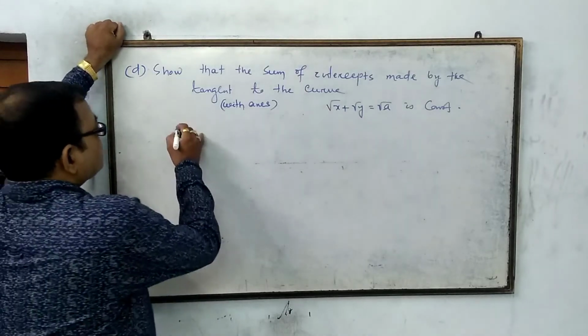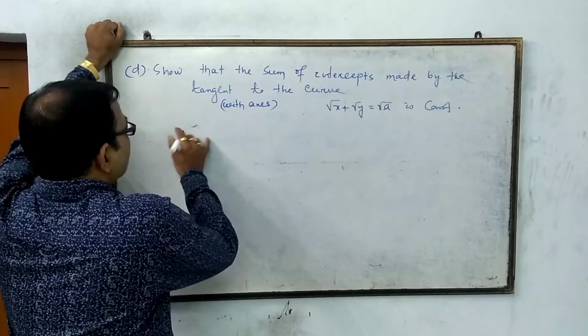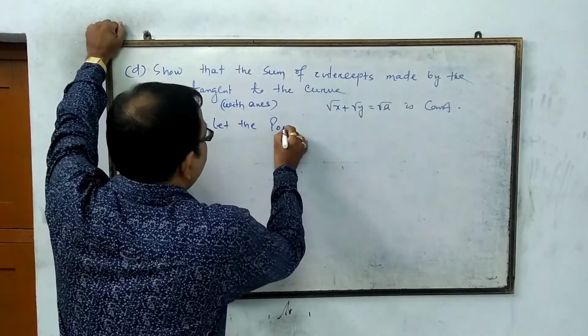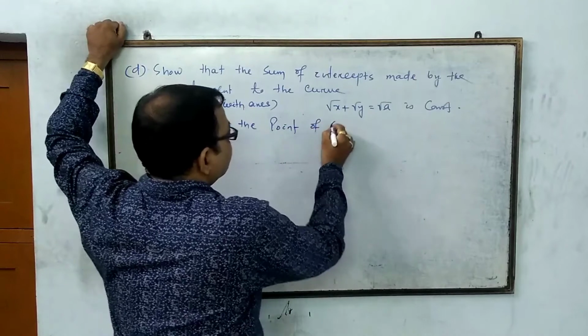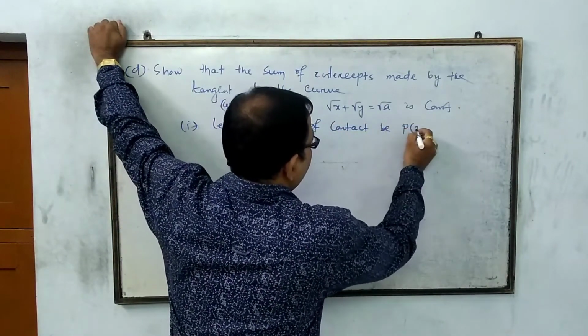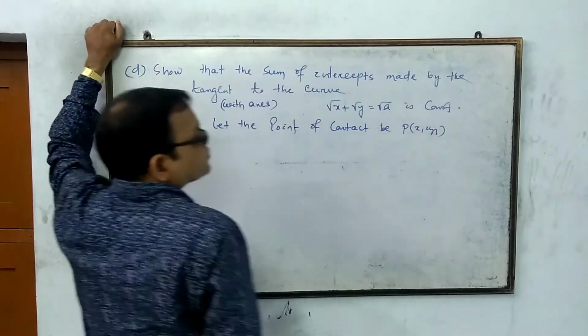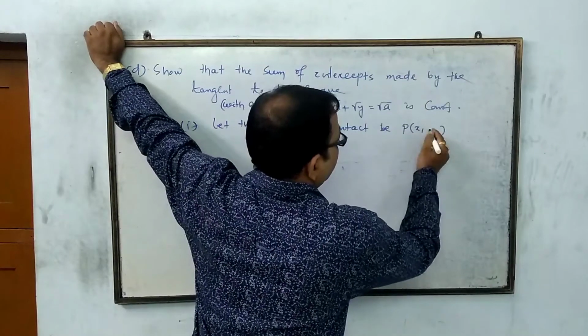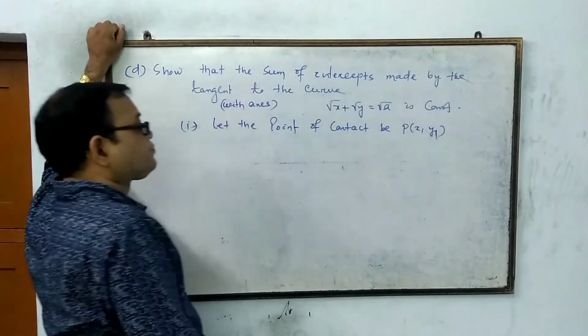Step 1, take the point of contact. Let the point of contact be P(x1, y1).